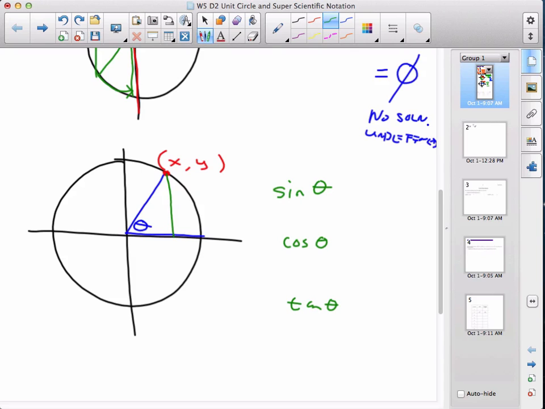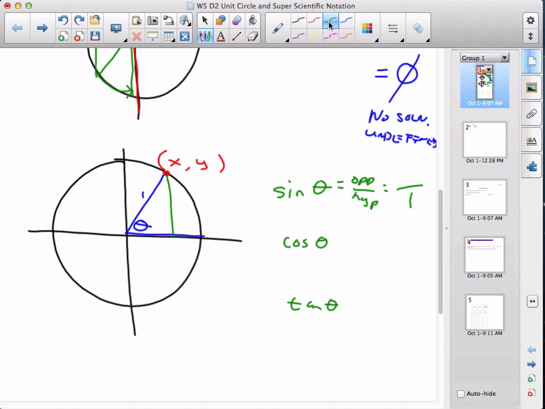So if we know sine is opposite over hypotenuse, and we know that the hypotenuse equals 1, because it's on the unit circle, and x, y is y away from the x-axis.